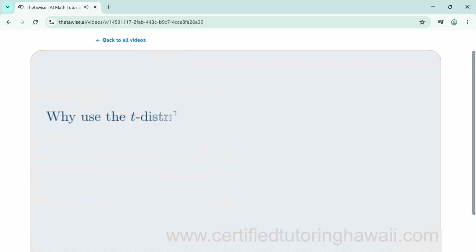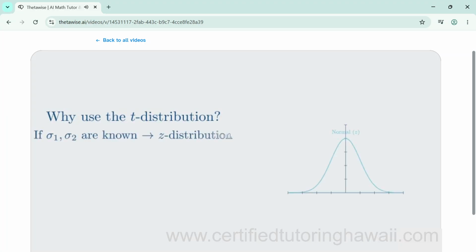Let's take a closer look at the variability within our calculations. Why do we use the t-distribution instead of the normal distribution for these intervals? In statistics, if we knew the true population standard deviations, sigma 1 and sigma 2, we would use the z-distribution. However, because we only have the sample standard deviations, S1 and S2, we have extra uncertainty. The t-distribution has fatter tails than the normal distribution to account for this uncertainty.